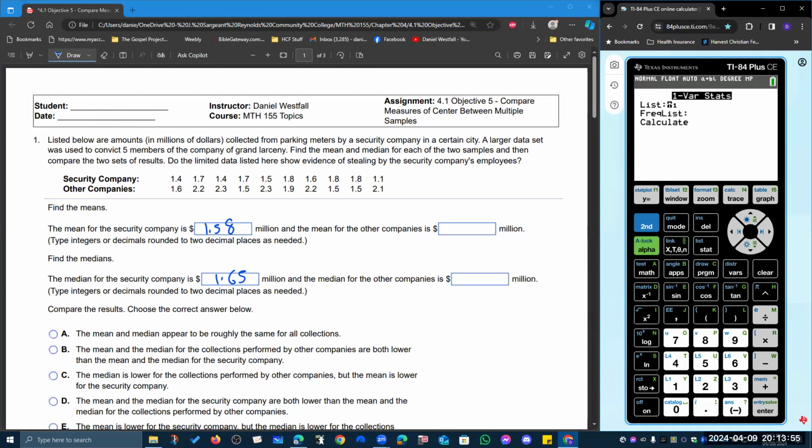We're going to run those statistics on L2, the second list here. And we have 1.91 and we have 2. You may want to make that 2.00, but 2 is perfect.